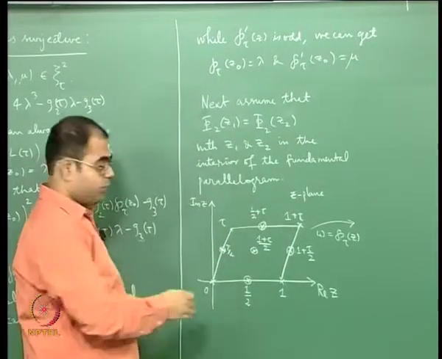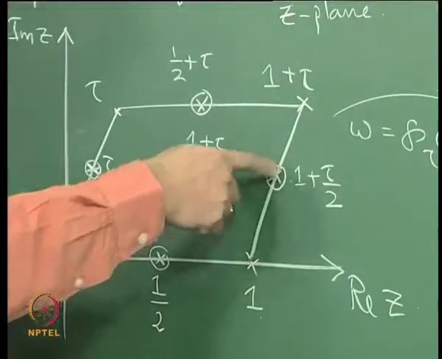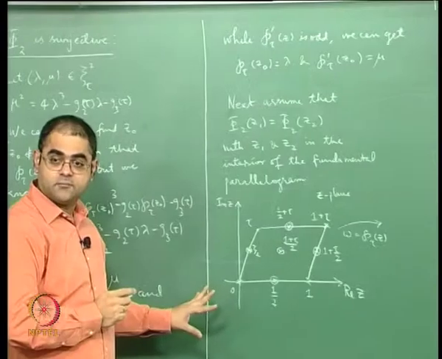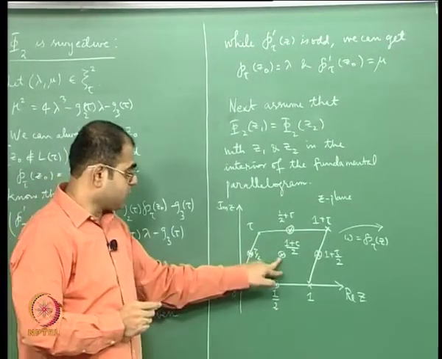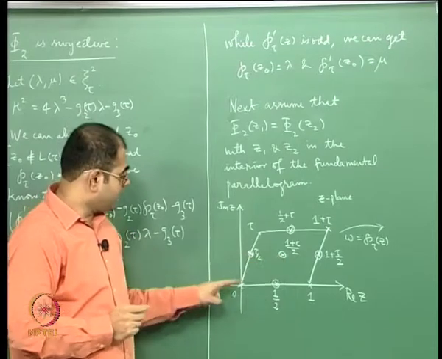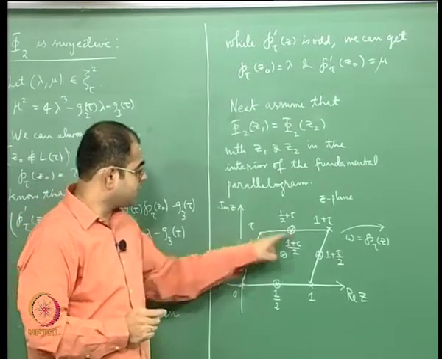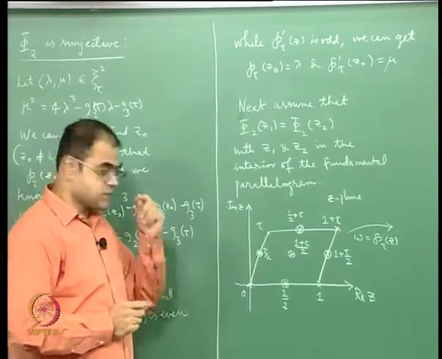So these crosses which are circled are the zeros of phi prime. These are all the zeros that I have in this fundamental parallelogram, including the boundary, and there is only 1 zero in the interior. And as far as the poles are concerned, the poles are exactly these 4 vertex points. So this is my diagram.